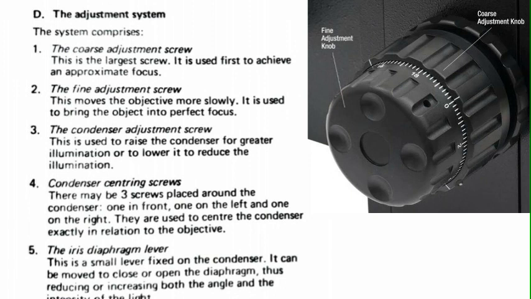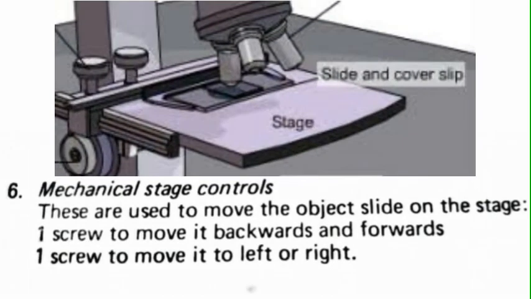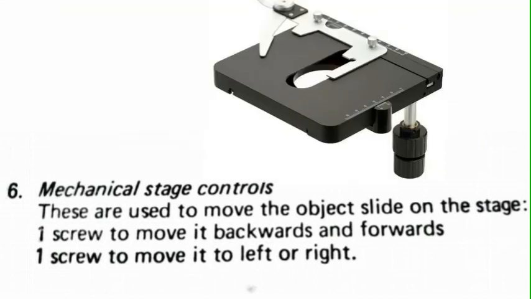It can be moved to close or open the diaphragm, thus reducing or increasing both the angle and the intensity of the light. Sixth, mechanical stage controls. These are used to move the object slide on the stage. One screw moves it backward and forward, one screw moves it to left or right.